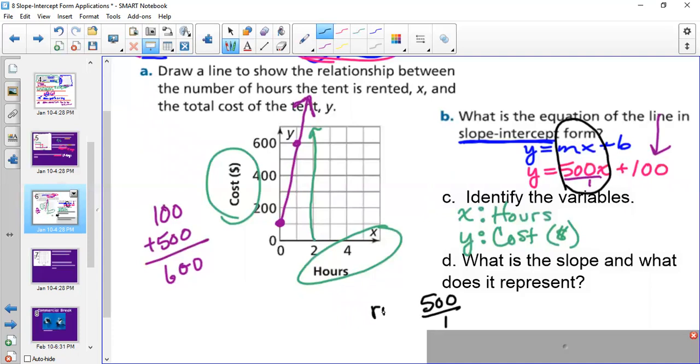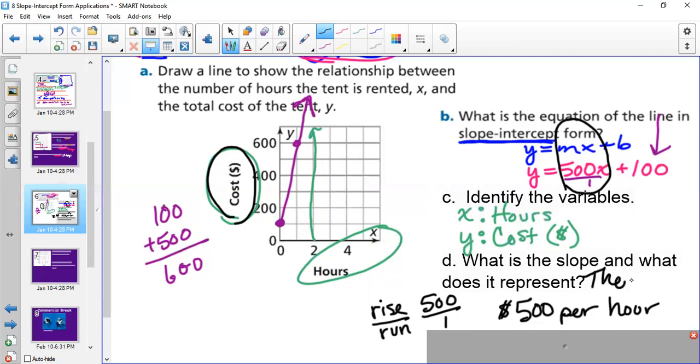Remember, it's the rise over run, so if you need help explaining it, our rising axis is our cost, so $500 per 1 hour, per hour. Okay, so I'm just going to add a little bit more to it, because what is $500 per hour? The tent costs $500 per hour. I'm going to add to rent.